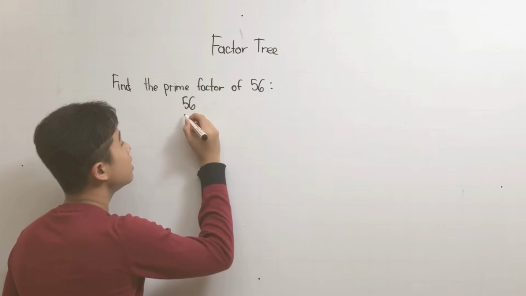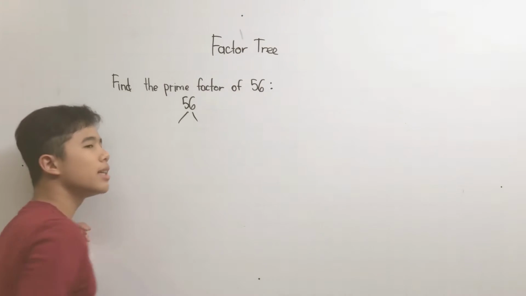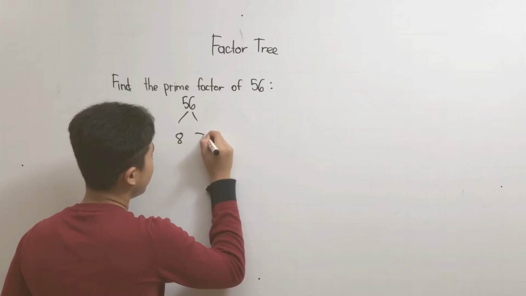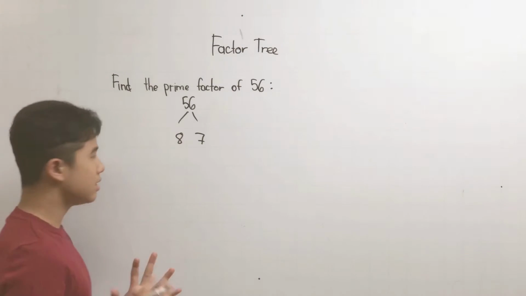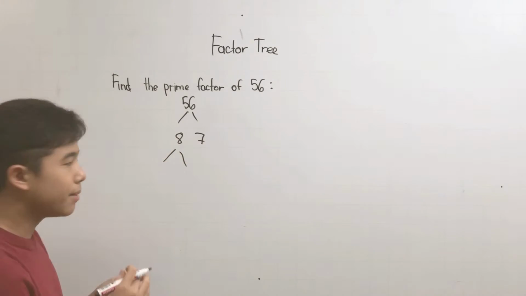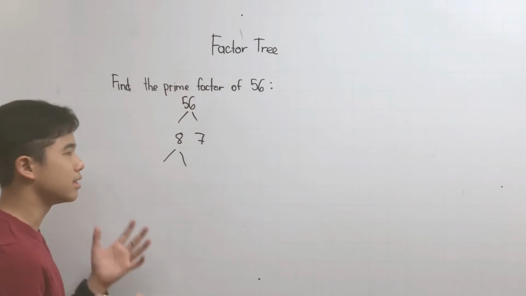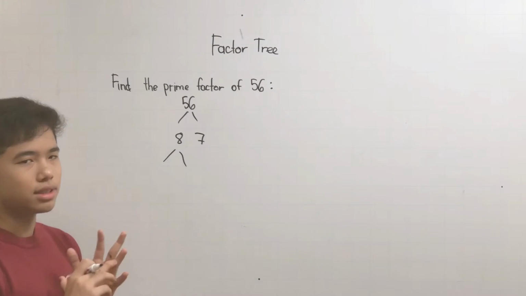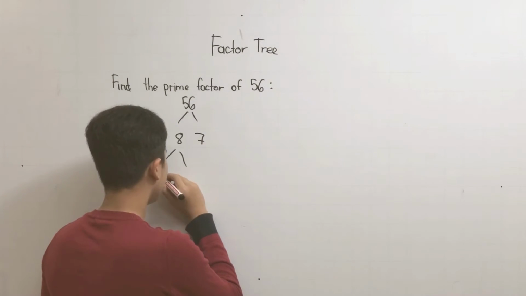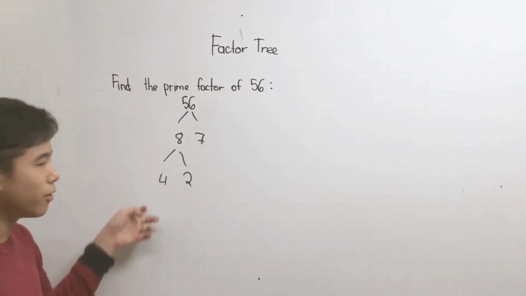56 we have right here, split it into 2 parts. 56 equals 8 times 7, right? And then split 8, because if you see any number that you can split, just split it. 7 we cannot split because 7 is only divisible by 1 and itself, so it's a prime number. 8 we have 4 times 2. 2 is a prime number, but 4 isn't.